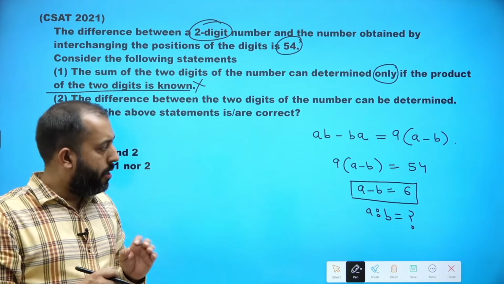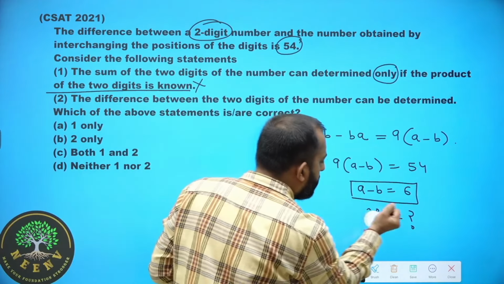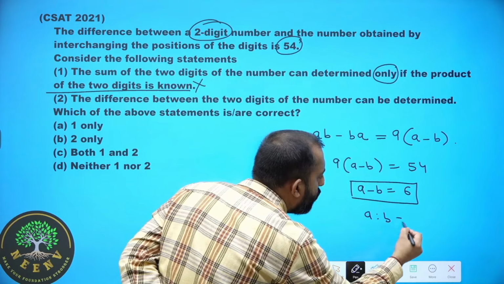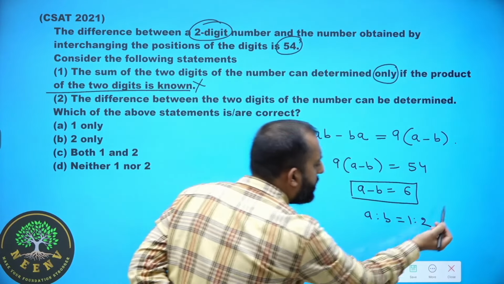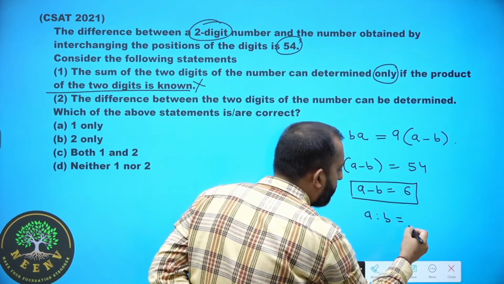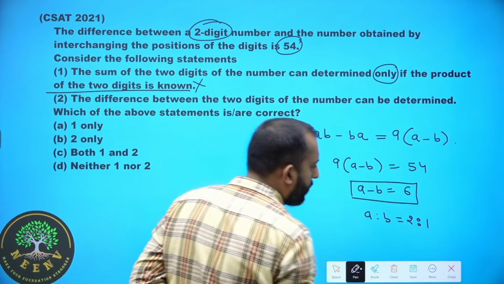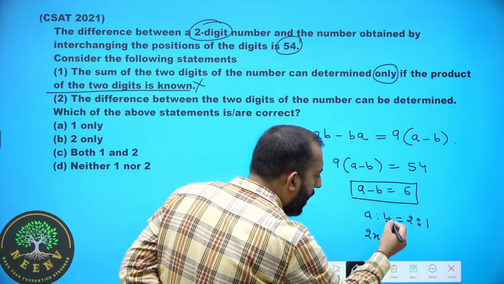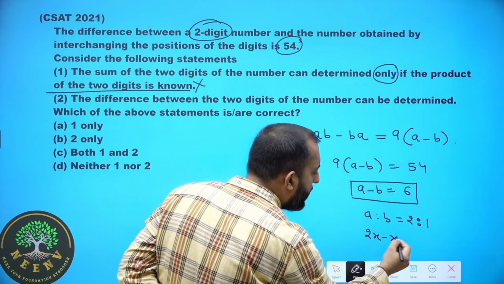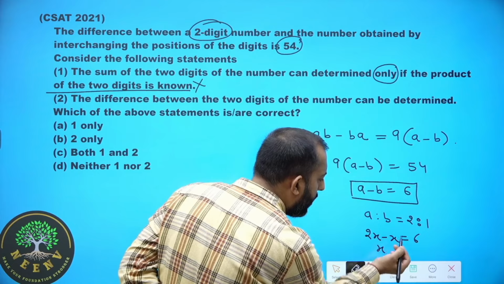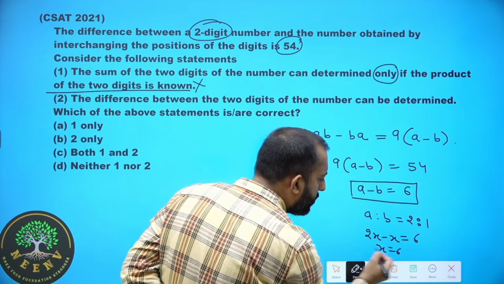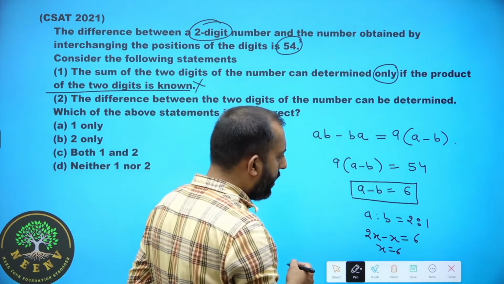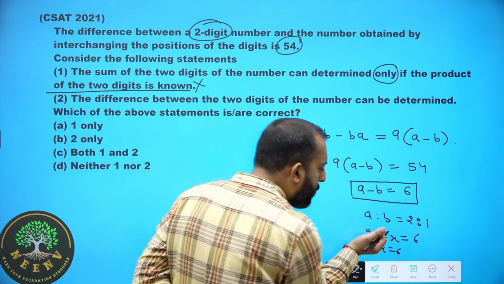See, suppose the ratio of the digits was 1:2, or let's say it was 2:1. If the ratio is 2:1, the digits are 2x and x. So 2x minus x is 6, so from here x will be equal to 6. Apart from it, a lot of other possibilities are there.